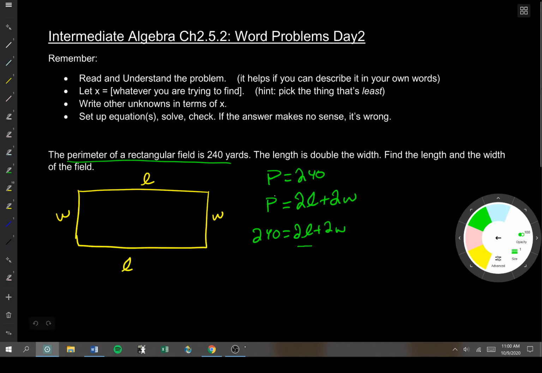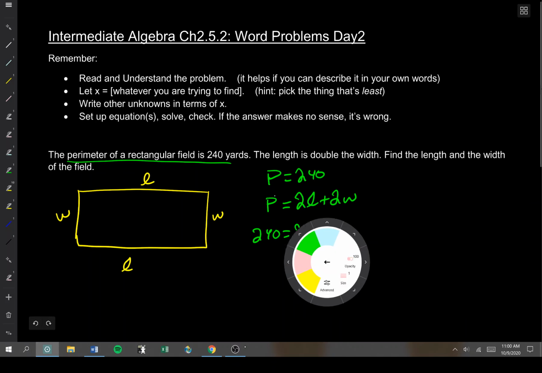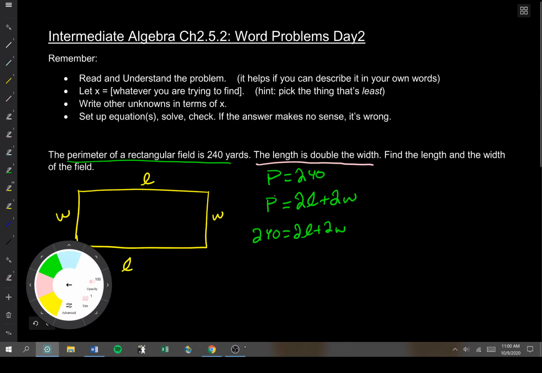Now this currently has 2 variables in it, and having 2 variables with just one equation can't be solved. But luckily we have more information. We're also told the length is double the width. Okay, I haven't really set up variables yet. Like I've put down a P and an L and a W. But I'm going to define these a bit more clearly. I'm just going to have W equal the width, obviously.